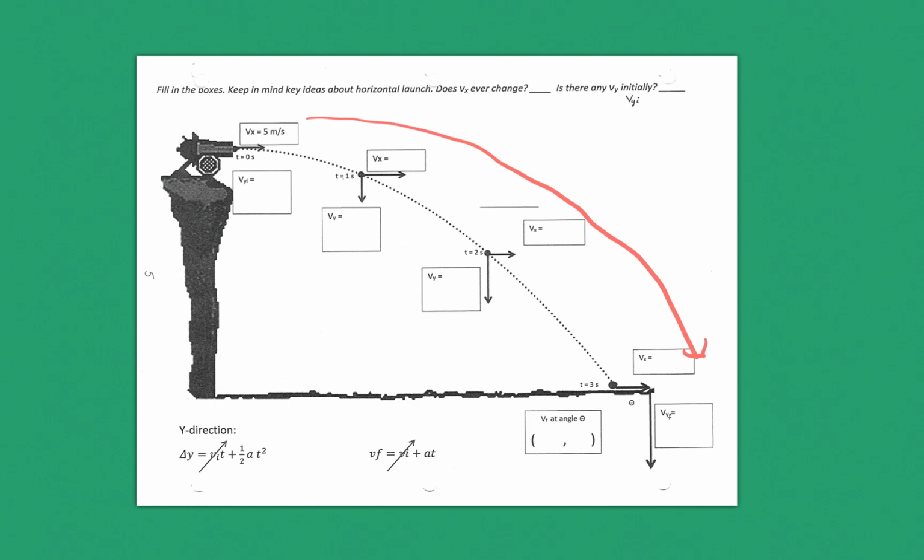You can say it, you can answer questions, but do you know that what that implies is that the horizontal component stays fixed the entire way through the flight, and the vertical component starts off at 0, and it's doing its own independent thing. It's determined by gravity, which is about -10 meters per second every 1 second. So that means it's becoming more negative by -10 every second.